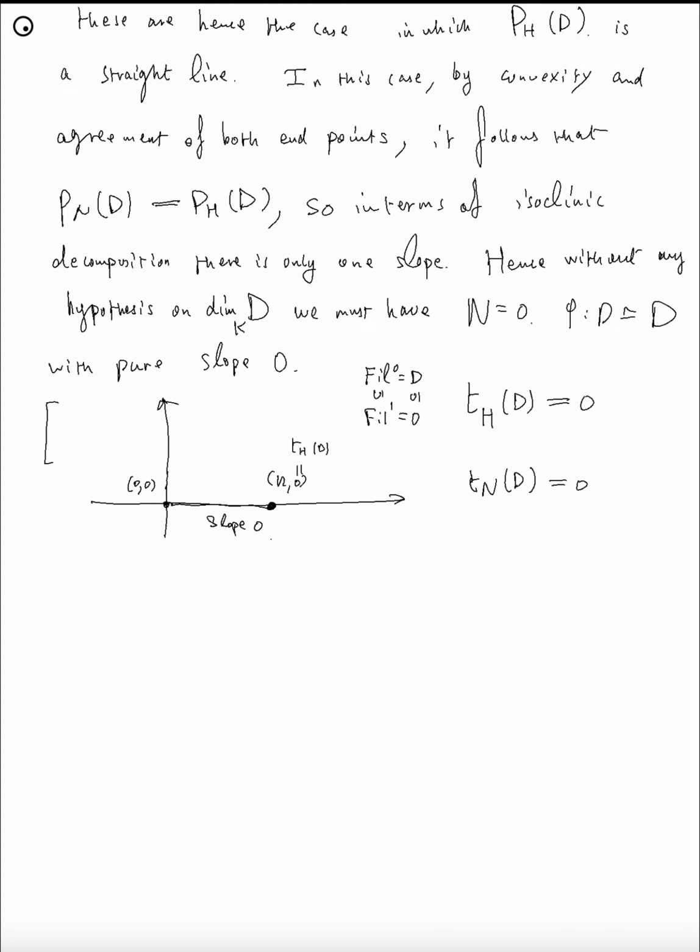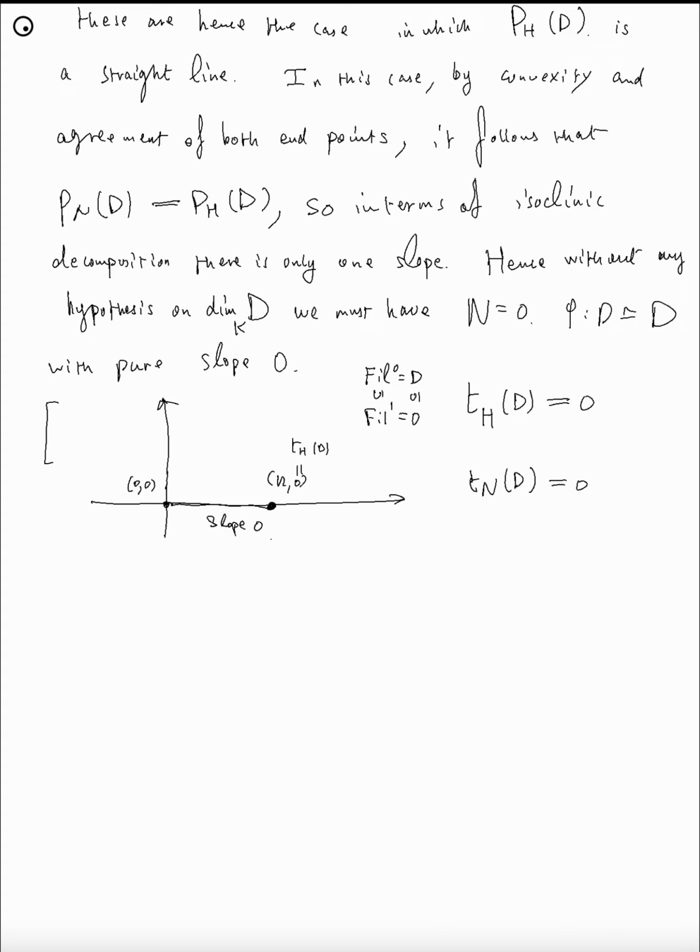For one-dimensional, the Newton number is defined to be the p-adic valuation of the eigenvalue of Frobenius.